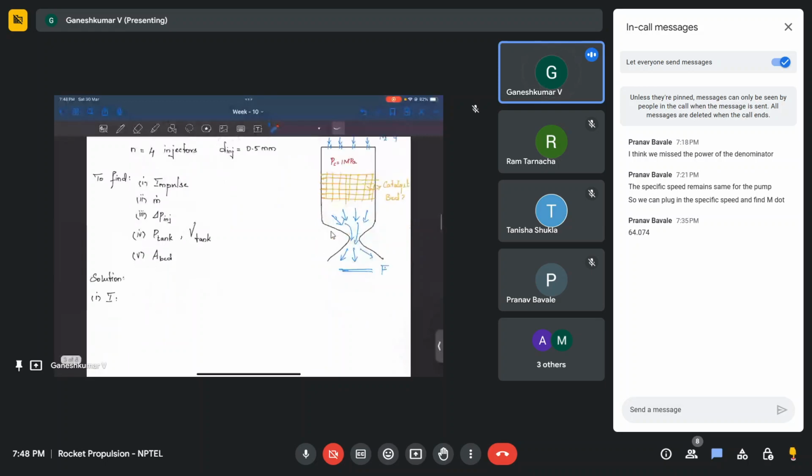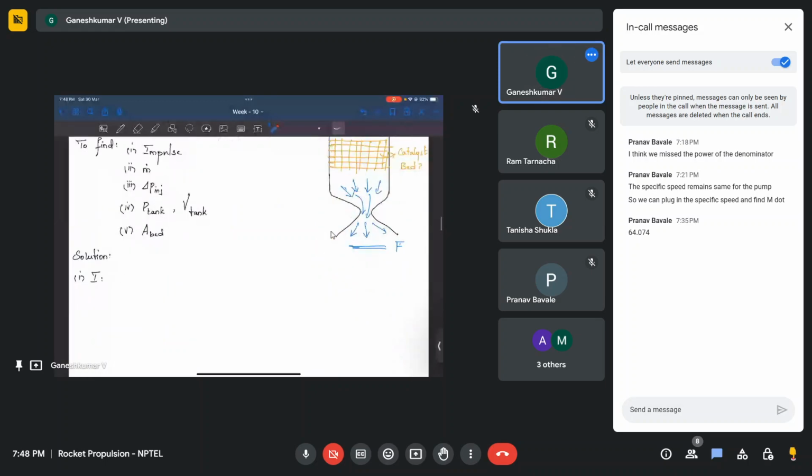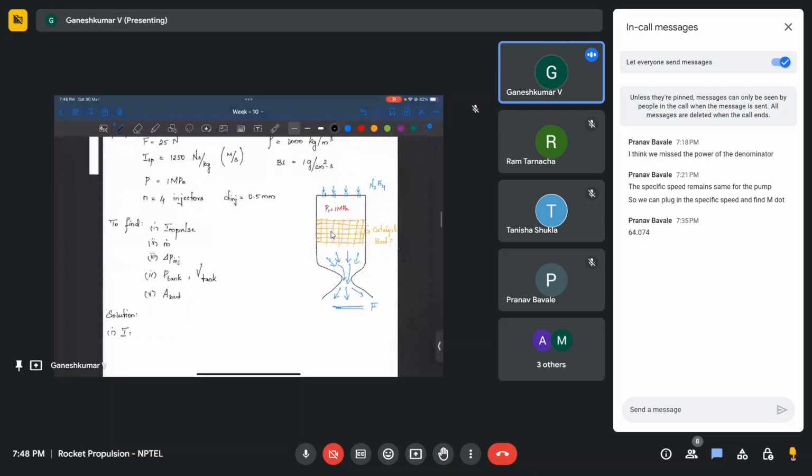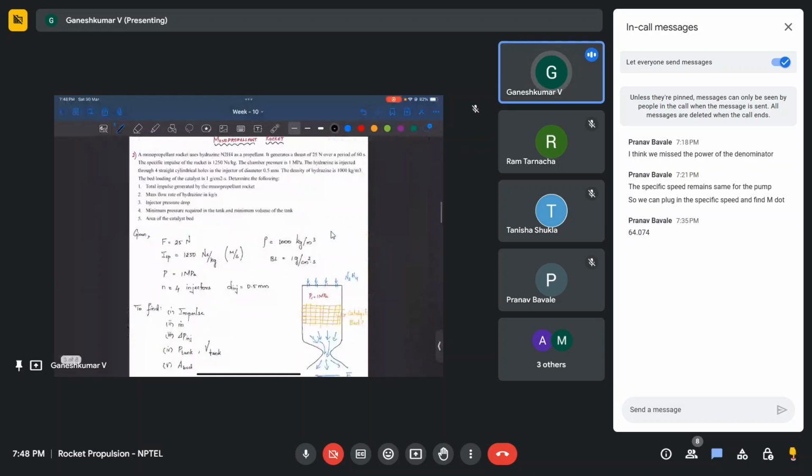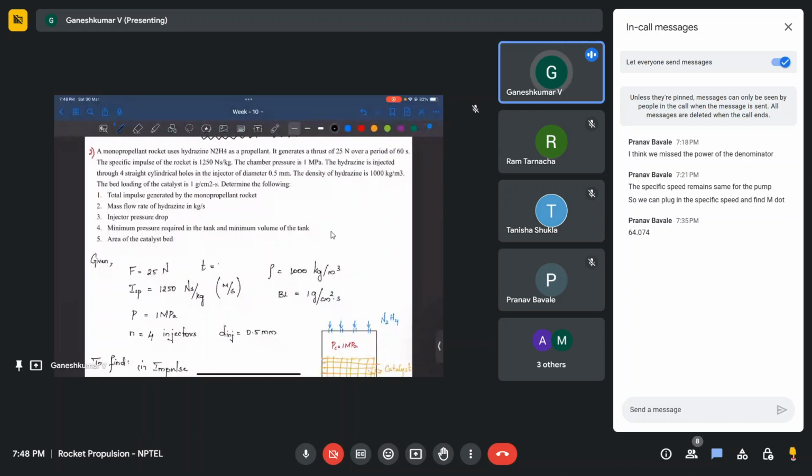So first we need to find impulse. How do we find impulse from the given data? I think I missed one of the data given, which is 25 Newton for a time duration of 60 seconds. So we need to find impulse.